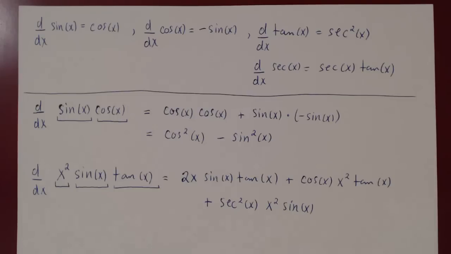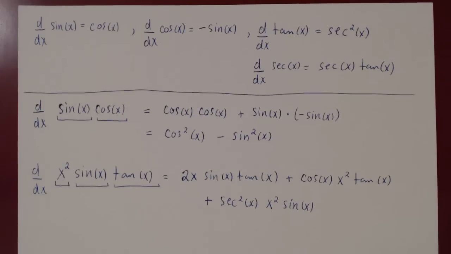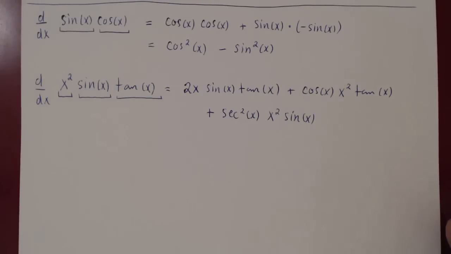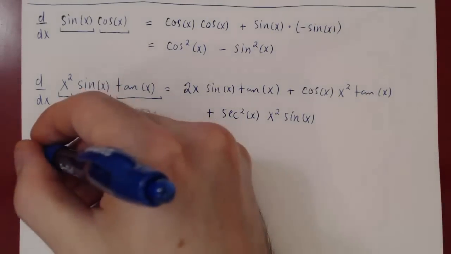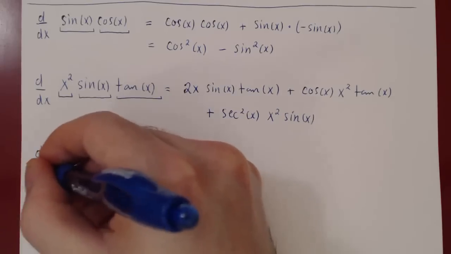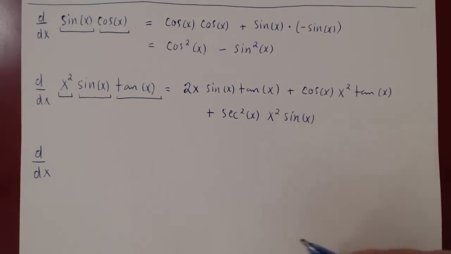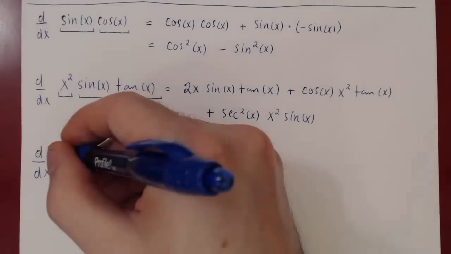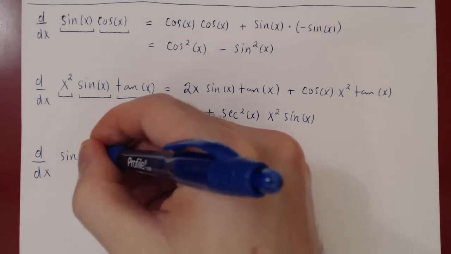Let's consider now an example involving the chain rule. So what if we said the derivative, and you'll see where we have to be careful, say, of sine of x squared.